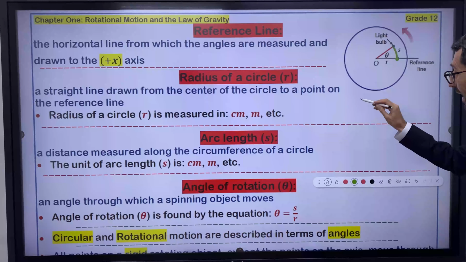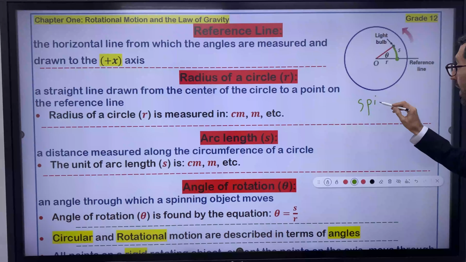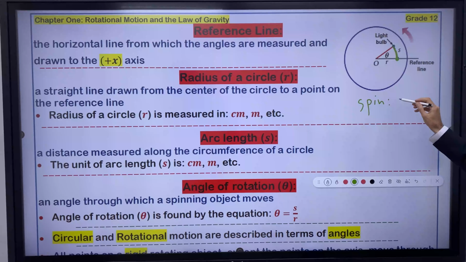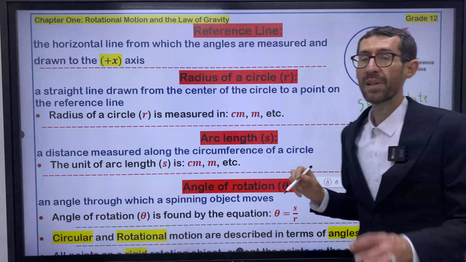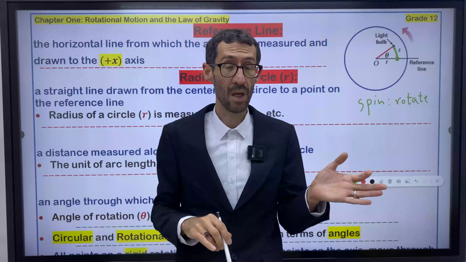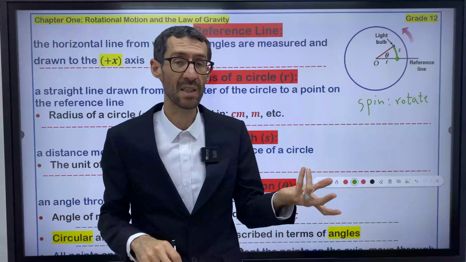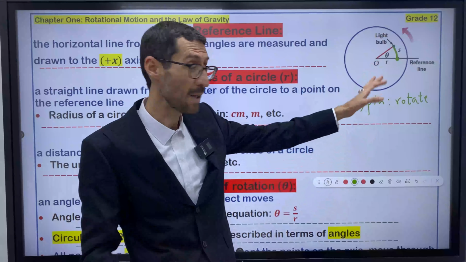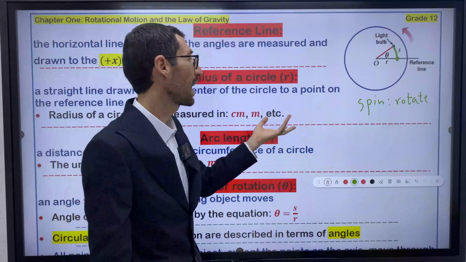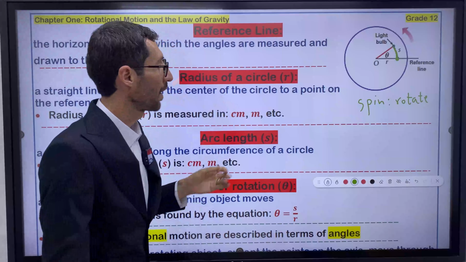By the way, if I say spin, keep it in your mind that spin and rotate have the same meaning. If I say the Earth spins about itself, it's right. If I say the Earth rotates about itself, it's true. Whether you say spin or rotate, no problem, as you like.